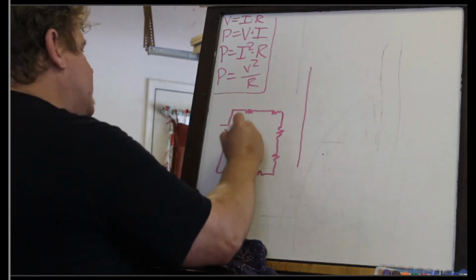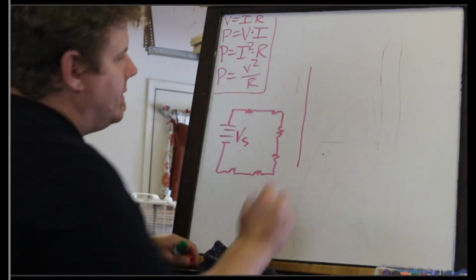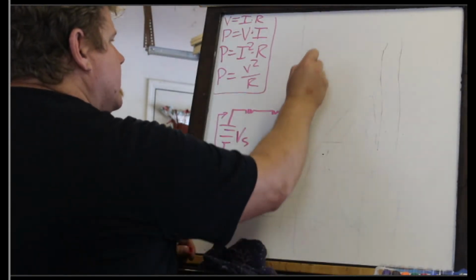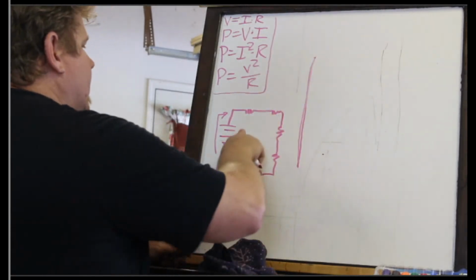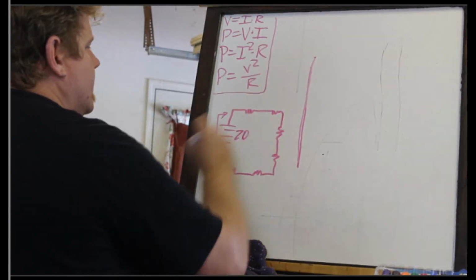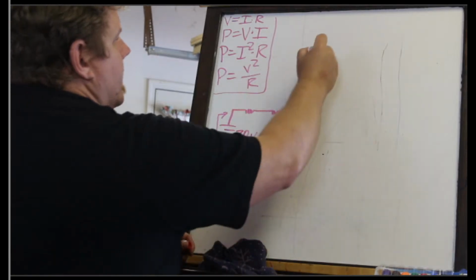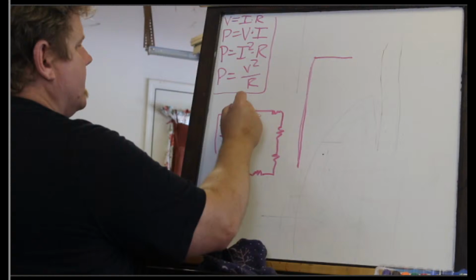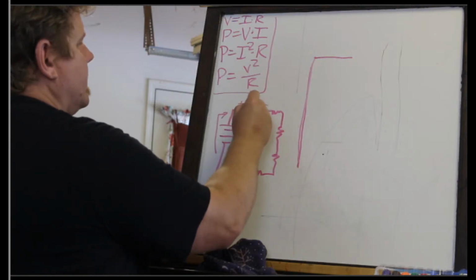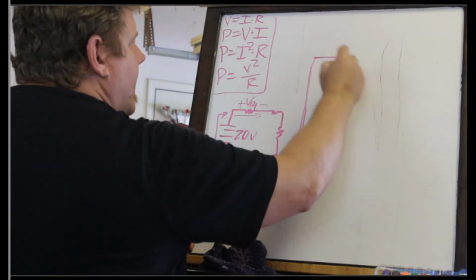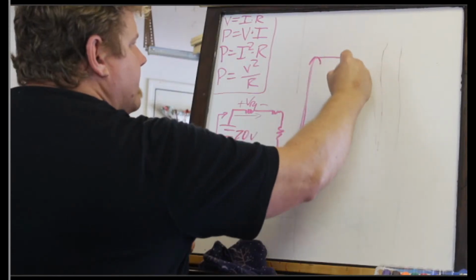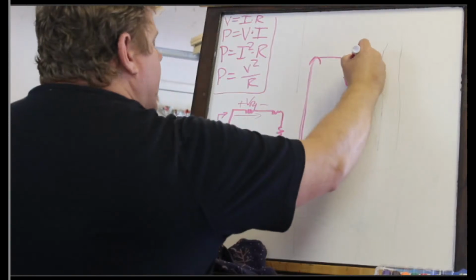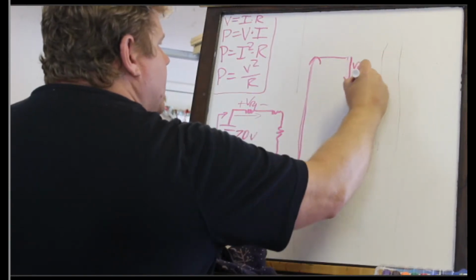I have a total source voltage. As I'm going around my circuit, I rise, and let's call this 20 volts. Now I'm at 20 volts, and I go through that first resistor and call this voltage VR1. So I go up this direction, now I come down VR1, and now I'm here.